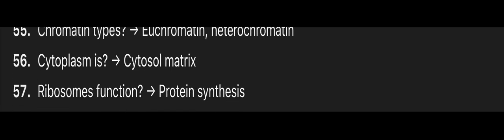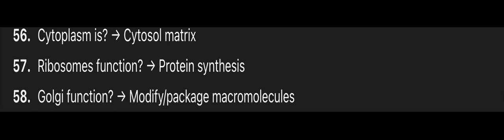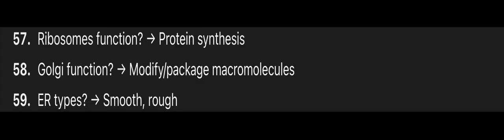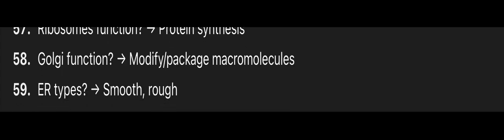It's the cytosol matrix. What is the function of ribosomes? Protein synthesis. What is the function of the Golgi? To modify and package macromolecules. What are the 2 different endoplasmic reticulum types? Smooth and rough.